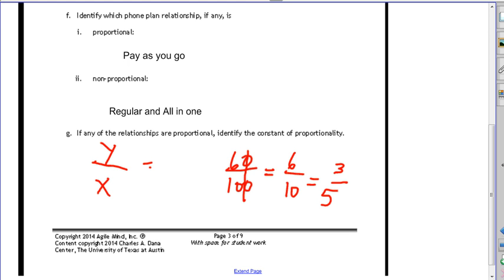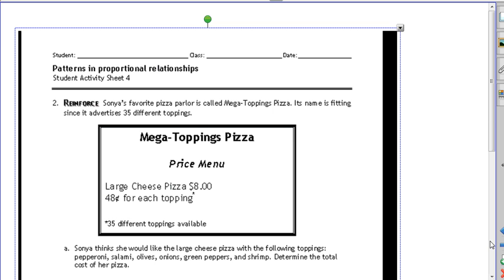Pause it right here if you need to write it down and turn the page to number 2. Number 2, I'm going to give you guys a head start, but you have to do this on your own. Sonia's favorite pizza platter is Mega Topping Pizza. Its name is fitting since it's advertised with 35 different toppings.